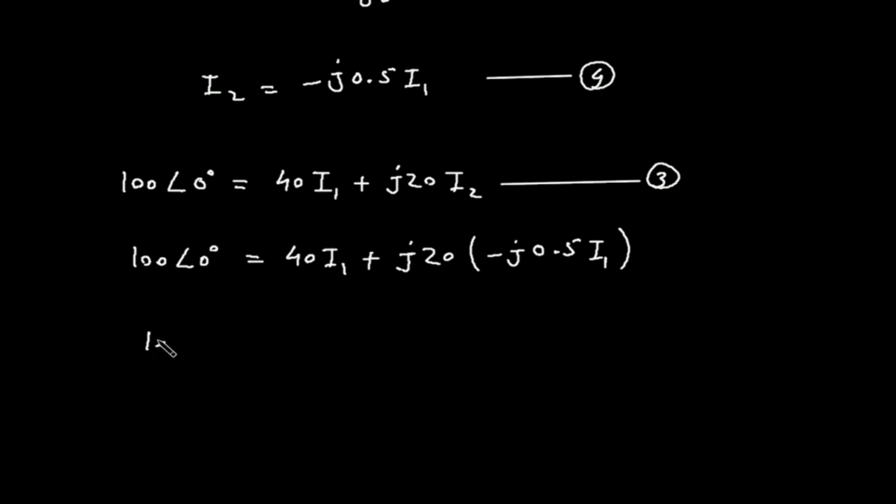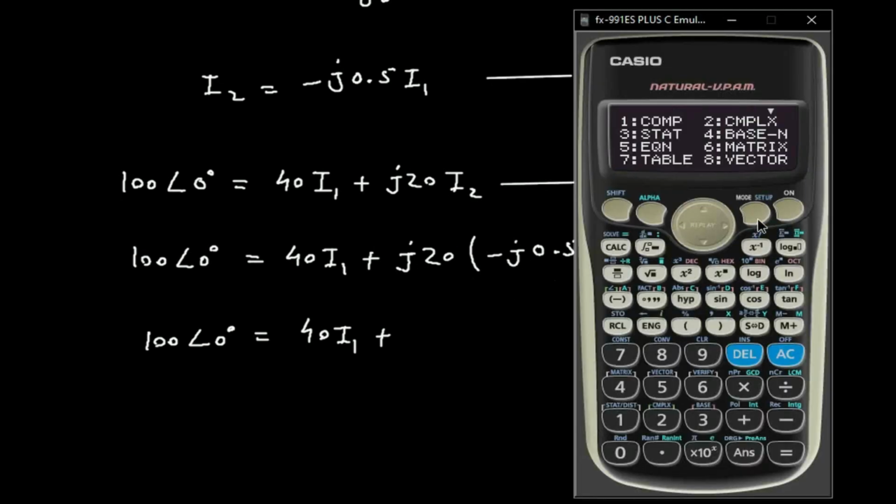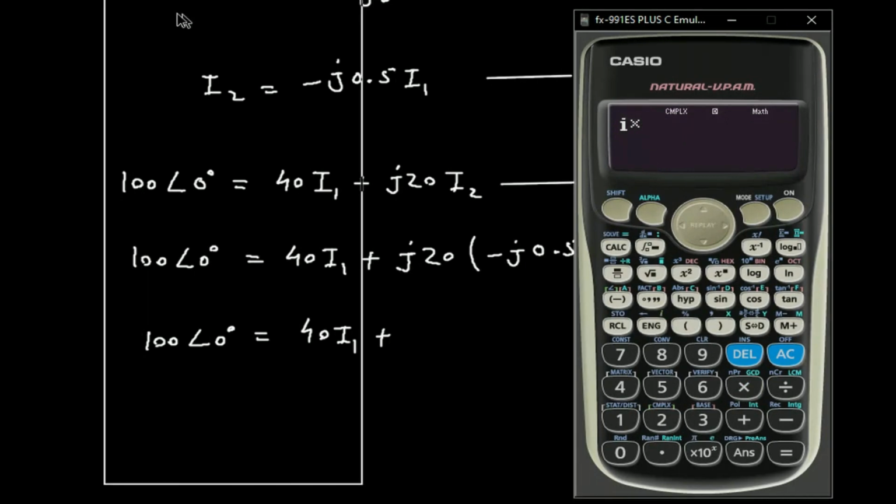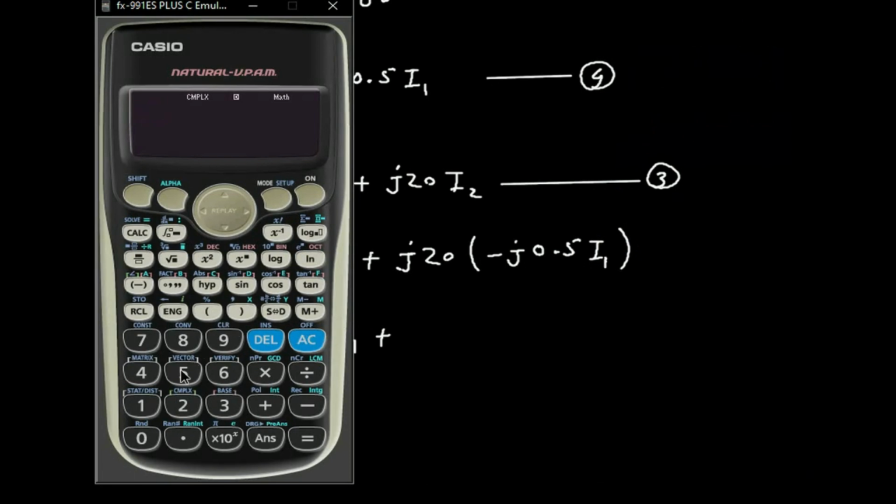Now, this will be 100 at an angle of 0 degree is equal to 40 I1 plus, now this will be j into minus j. So, in the calculator complex mode, we will substitute all values. So, this will be j into 20 multiplied by minus j into 0.5.